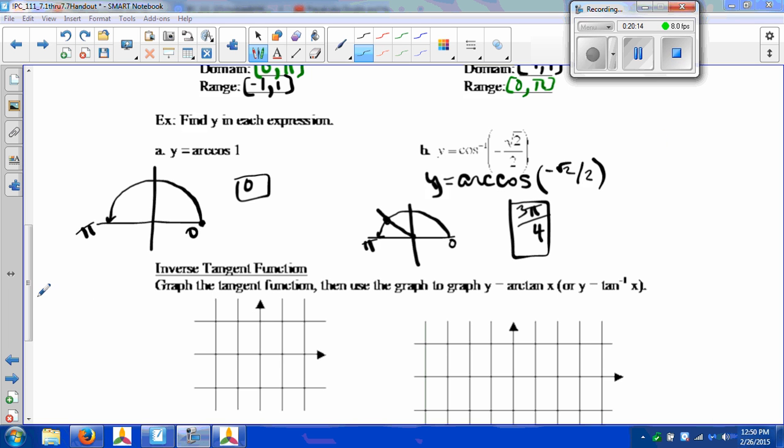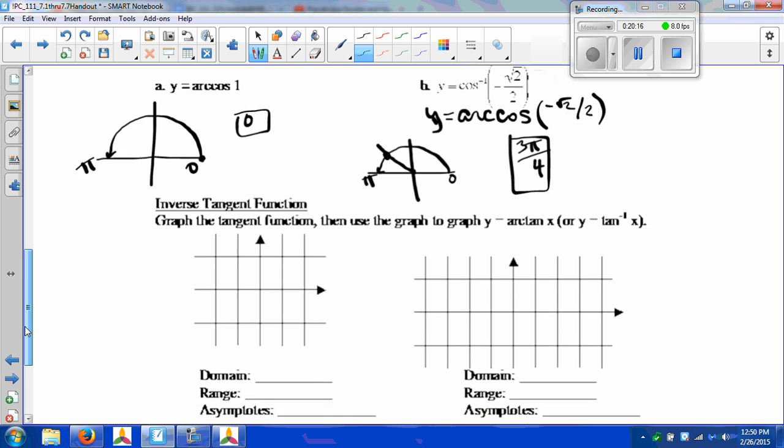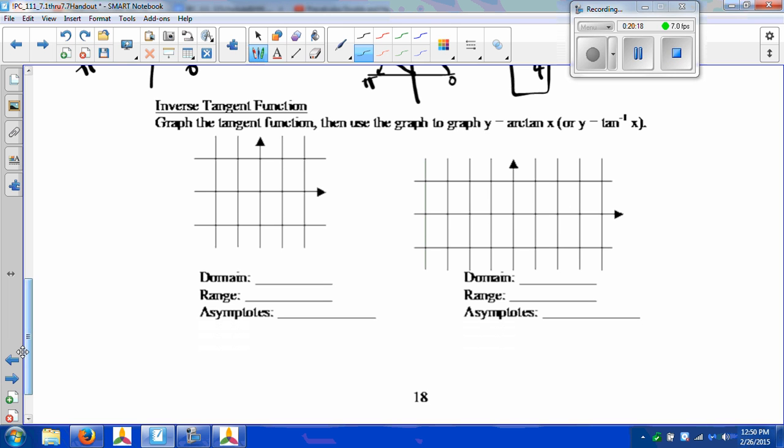Okay, so next we're going to graph the inverse tangent function, and we're just going to quickly go through this with our knowledge of the tangent function as well, just like we did the cosine one. Now, if you remember, the tangent actually has vertical asymptotes because it's sine over cosine, and so cosine can't be 0, and cosine is 0 at the y-axis on the unit circle, or in other words, pi over 2 and negative pi over 2.